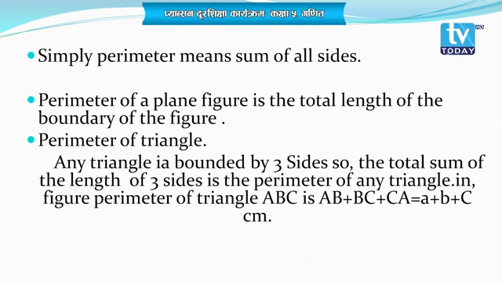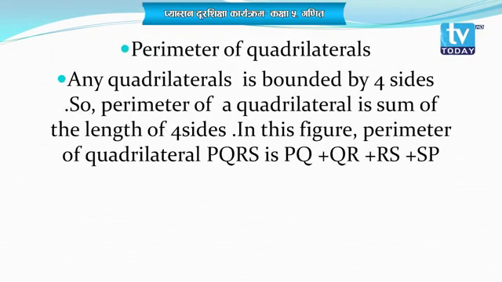Right students? Okay. Now, in the next picture, have you seen it? It's a quadrilateral. Quadrilateral means simply that it has 4 sides. If a figure has 4 sides, then we call it a quadrilateral.